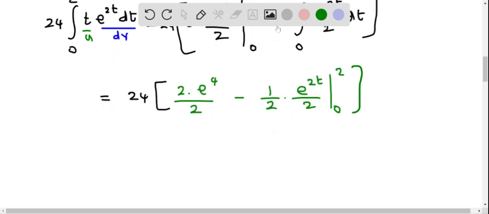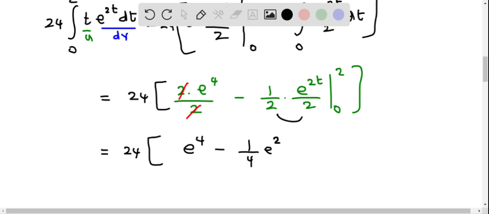Now let's simplify this. So we get 24 times, we can cancel this 2 with the 2, and then this will become 2 times 2 is 4. So therefore the first term we have e raised to the power of 4 minus 1 fourth e raised to the power of 2t, and this must be evaluated from 0 to 2.